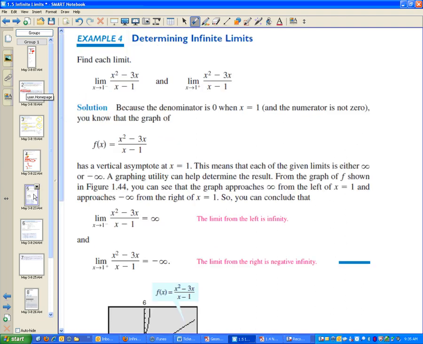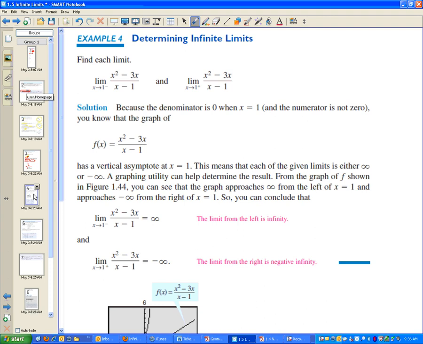All right, example 4 on page 86 again. Find each limit. Now, it's the same function. We're finding the limit as x approaches 1 from the left, and we're finding the limit as x approaches 1 from the right. And I have a way that I think works a little better than what they've got here.